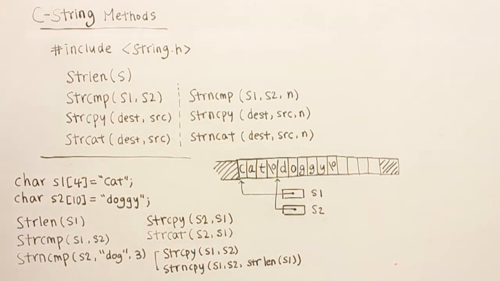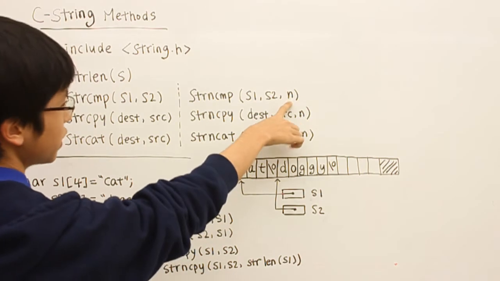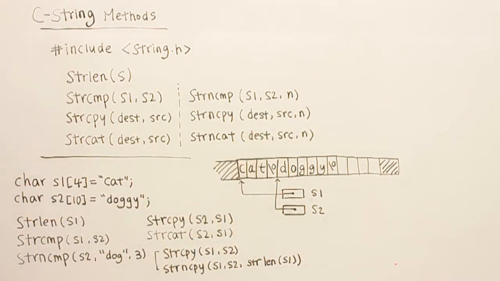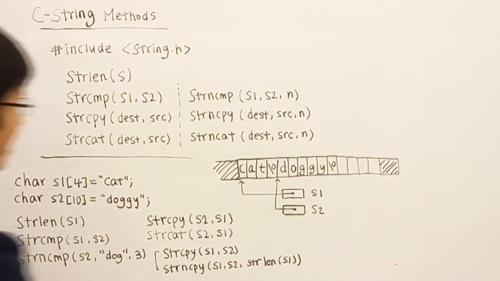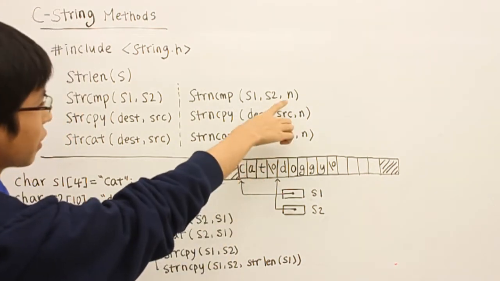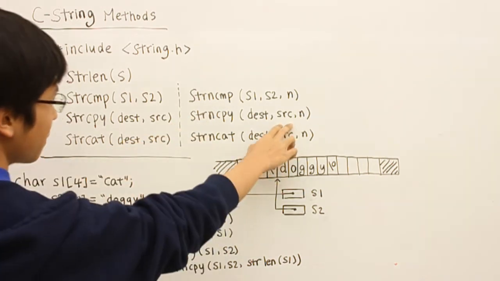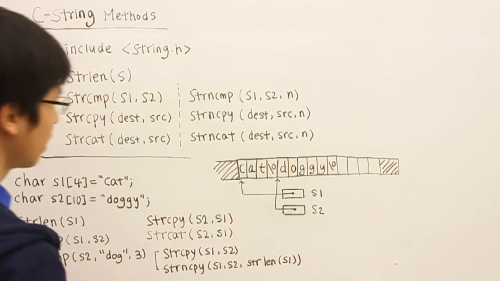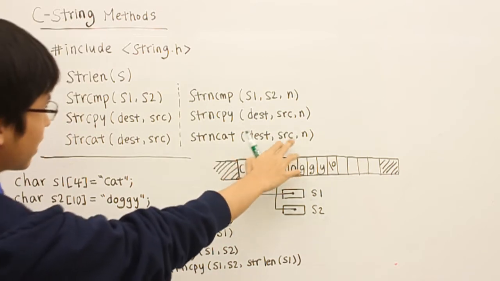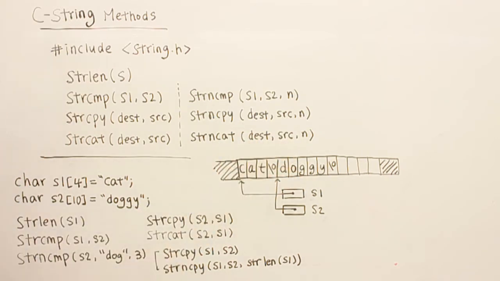So you basically pass in another argument, which is an integer, and in this case, for strncmp, it will only compare n characters in those 2 strings. And in this case, it will only take n characters from the source and put them into the destination. And in this case, it will take n characters from the source and put them at the end of the destination.